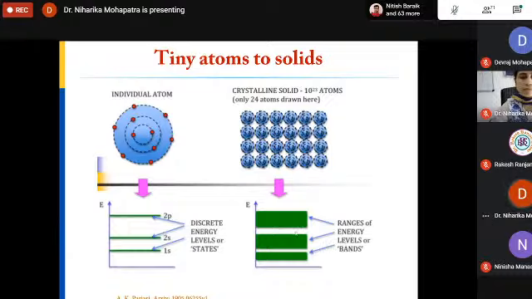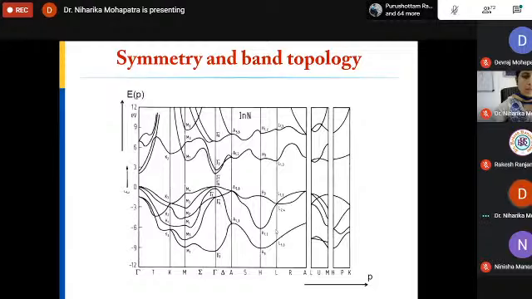And then there is the symmetry, and you might have read in your standard course that there are forbidden energy zones, which form the energy gap. If you look at any real band structure, they are not as symmetrical as we saw in the schematic view.